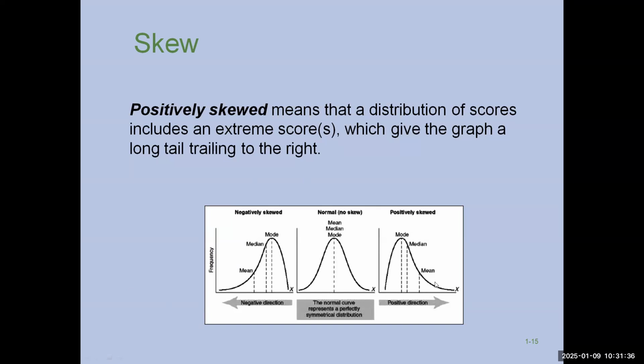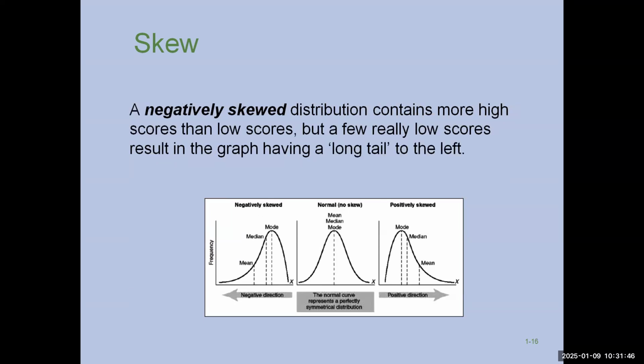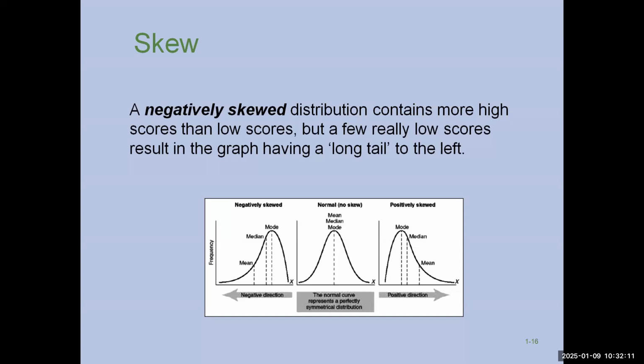And we also have a negatively skewed distribution that contains more high scores than low scores, but a few really low scores result in the graph having a long tail to the left. Either you have a long tail to the left or a long tail to the right. That is what we have in normal distributions in terms of descriptive statistics.